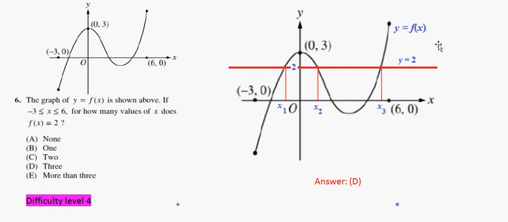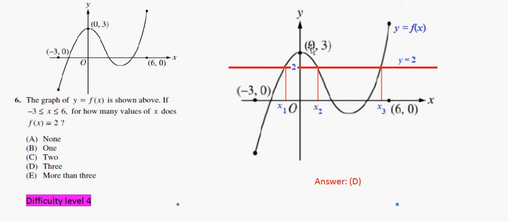On the next diagram, you see the same graph, but you can also see here a line y equals 2. So, I draw a line which is parallel to the x-axis and which intersects the y-axis at point 2.